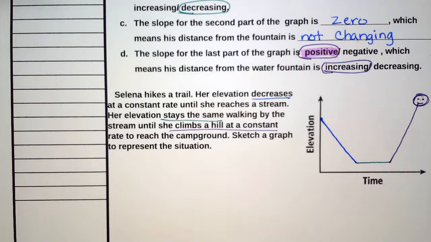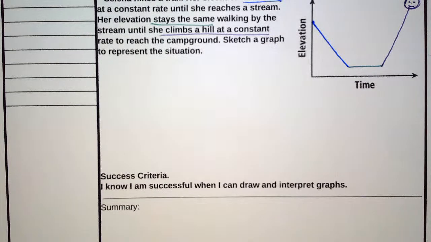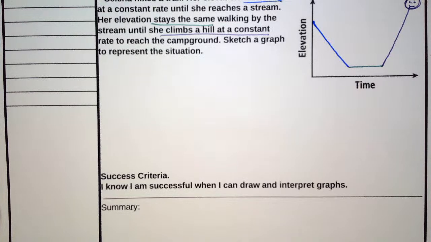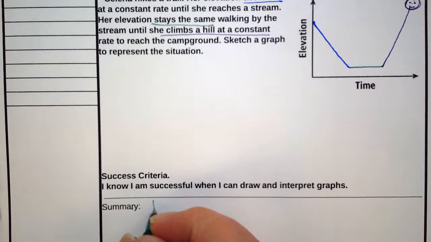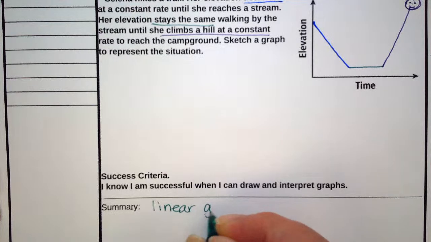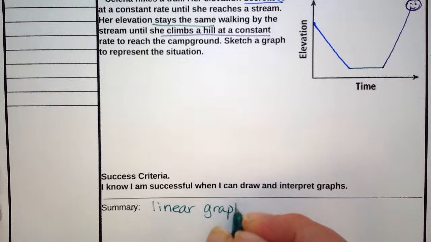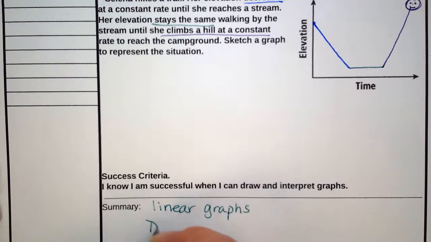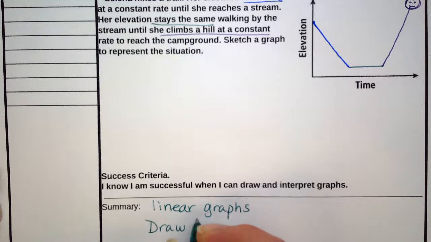So, how do you know you're successful? You know you're successful when you can draw and interpret graphs. These are linear graphs. We're going to draw and interpret.